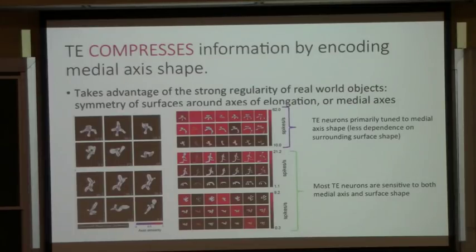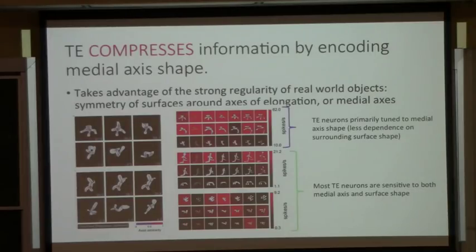It takes advantage of how real world objects have strong regularity and symmetry across different axes. At the topmost, you see a lot of red, which means it's all responding to a medial axis. But if you move to some other TE neurons, they don't respond only to the medial axis. They're also sensitive to the surface shape around the medial axis.